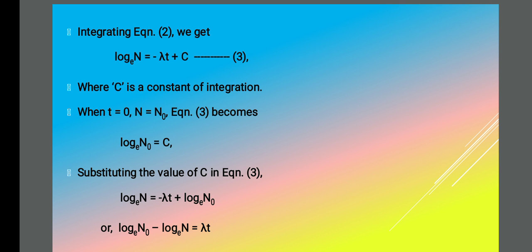To find the value of c, we have to substitute the values t equal to 0 and N equal to N0.